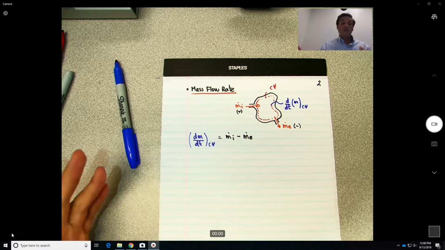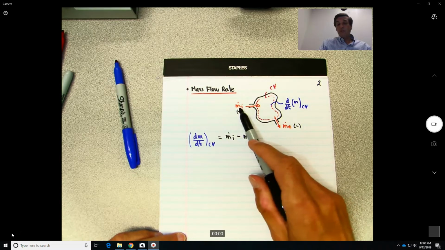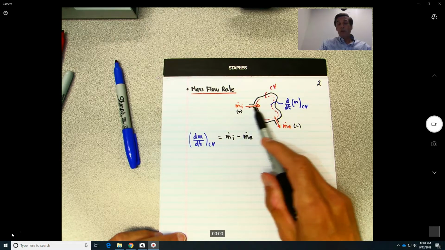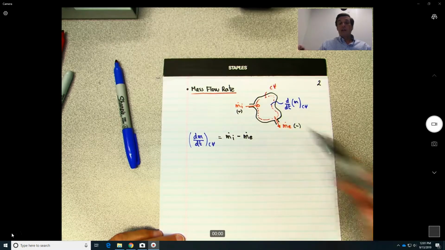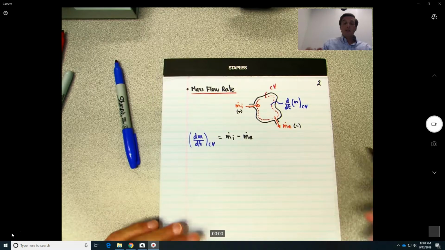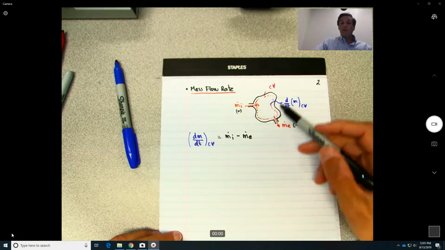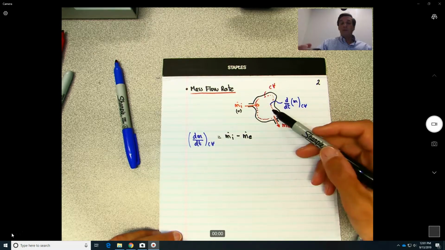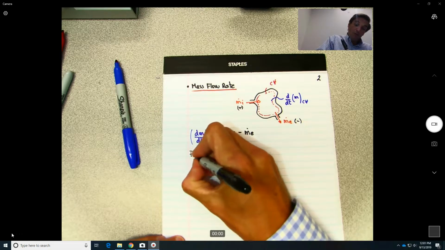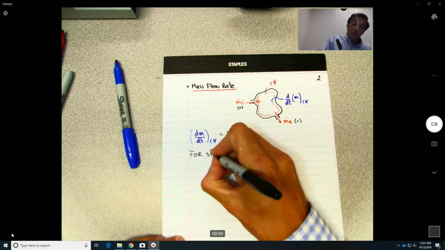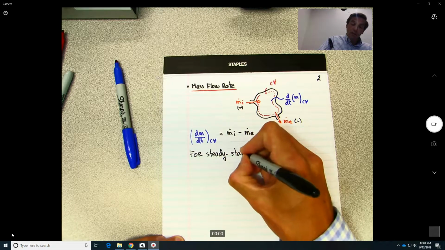In this class, however, you will see that we don't really care about the pressure of the flow going in and out. In 99.9% of the cases, it will be assumed to be the same. If it's the same, that means that the amount of mass within the control volume, or the open system, is going to be conserved. That is what is known as steady state. It basically means the same amount of mass going in as going out.